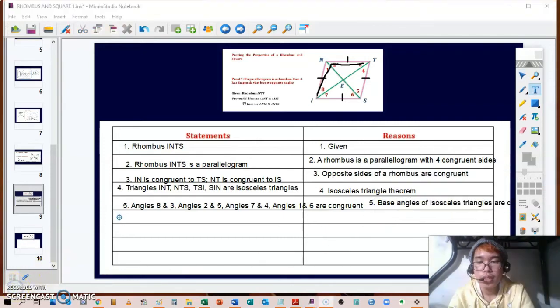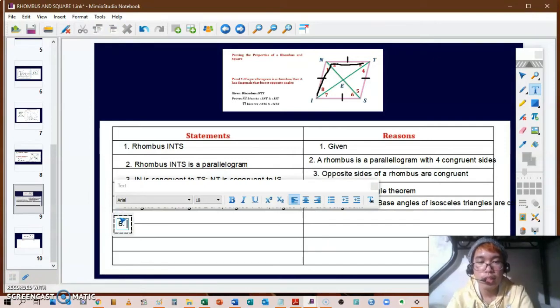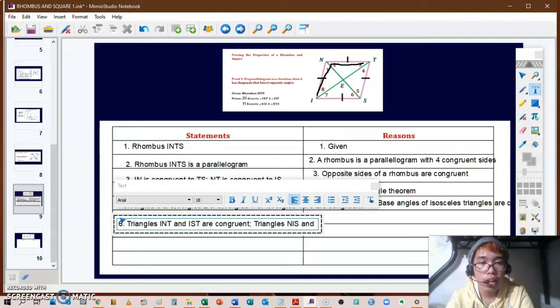And for our sixth statement, we can say that triangles INT and TSI, or IST, are congruent. And triangle NTS and NIS are congruent.